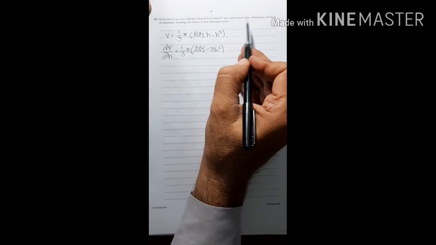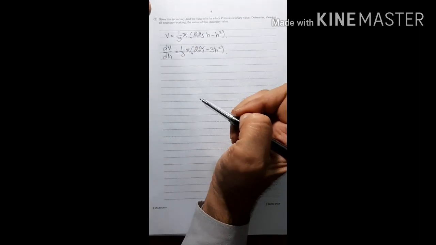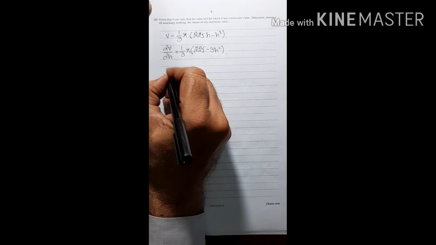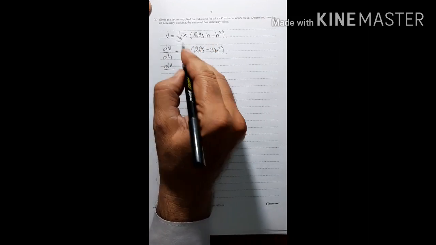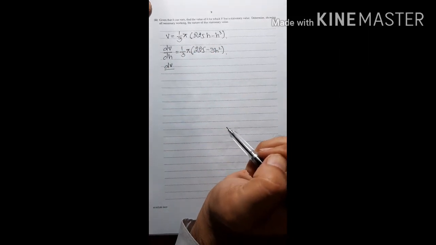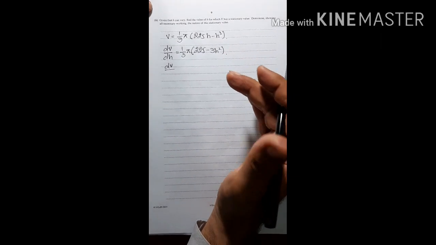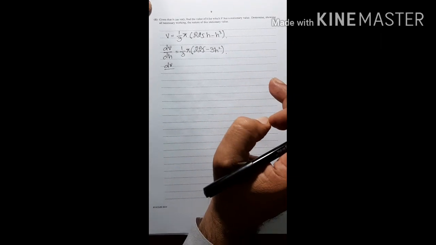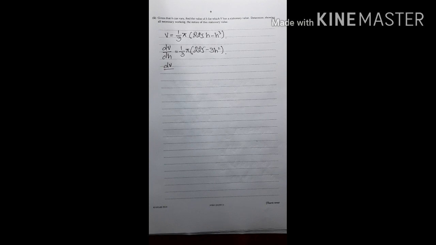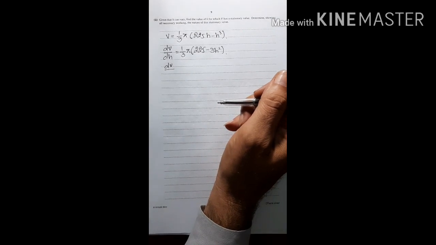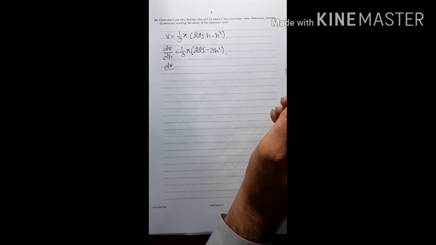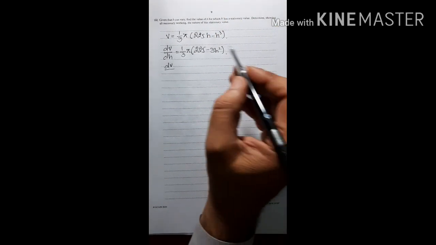So for the stationary value, this dV by dh must be equal to 0, because this is the gradient of this function, and at that stationary point the tangent should be parallel to the x-axis, so the gradient should be equal to 0.